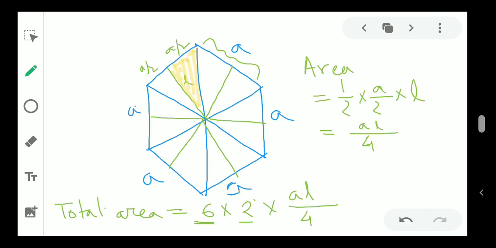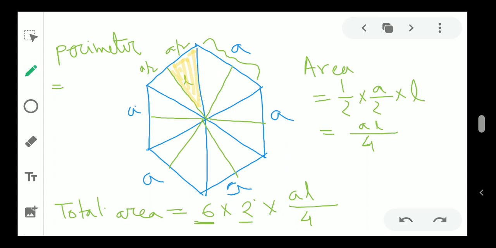Now if you see one thing clearly, what is the perimeter of this hexagon? The perimeter of the hexagon is, see, 1a, 2a, 3a, 4a, 5a, 6a. So there are 6 sides and all of the sides have length a.